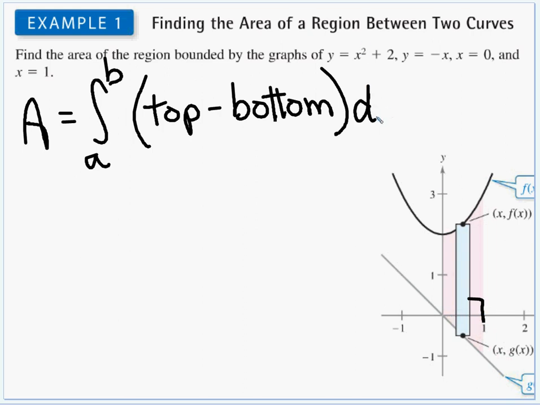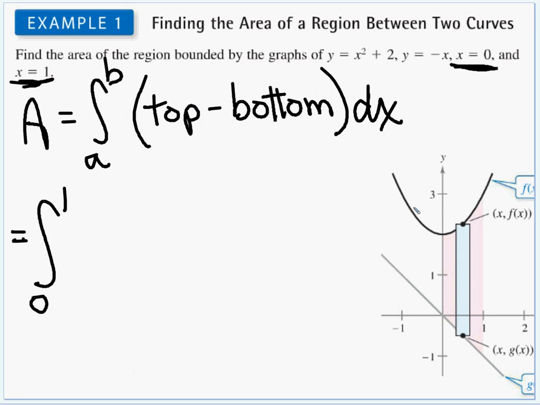We're going to have a dx differential on there, and that means all of our functions should be written in terms of x. All right, let's start filling in some of these unknowns. So they gave us the a and the b. They handed them right here. x equals 0, that's our a. x equals 1 is our b. So 0 to 1 on our definite integral.